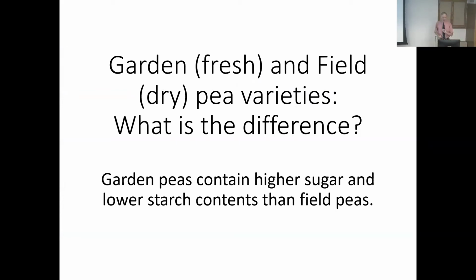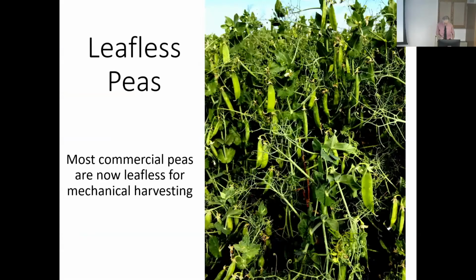And field peas, which produce dry peas, have a much higher starch and low sugar content. And if you're ever a tourist in British pubs, you're offered something with mushy peas. Mushy peas are dried peas, rehydrated and dyed green, and they are a British delicacy.